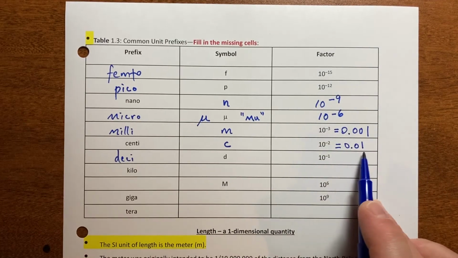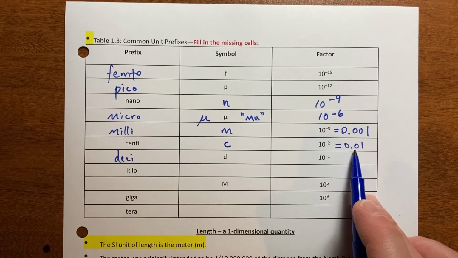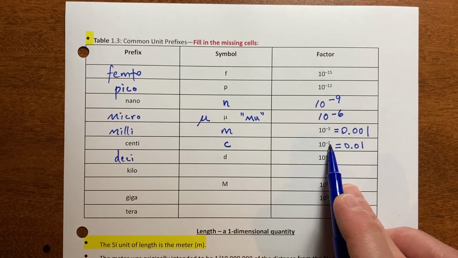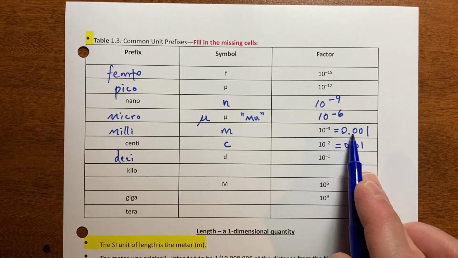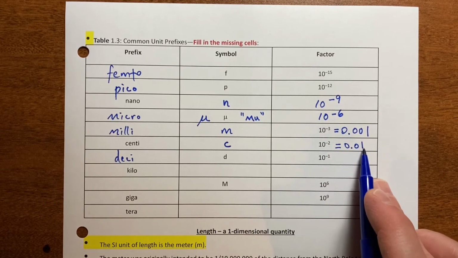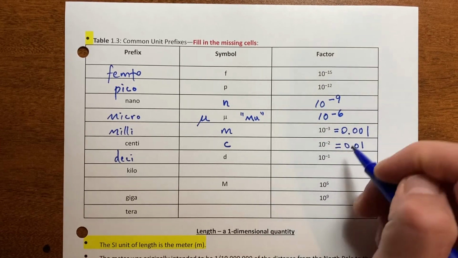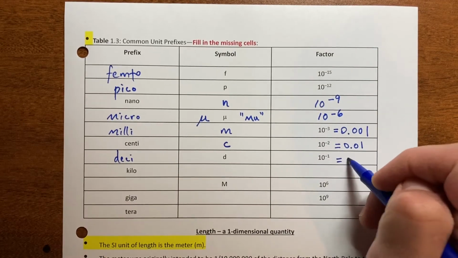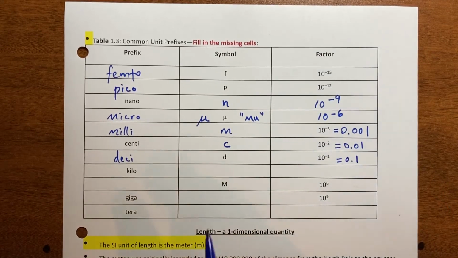Notice that when the number is really small, the number of zeros is always one less than the power. So 10 to the negative 3 has 2 zeros. 10 to the negative 2 has 1 zero before you write the 1. 10 to the negative 1 would be a tenth, 0.1, and so on.